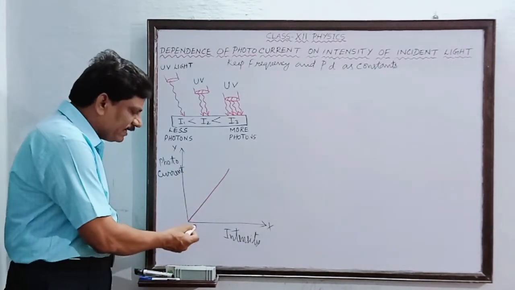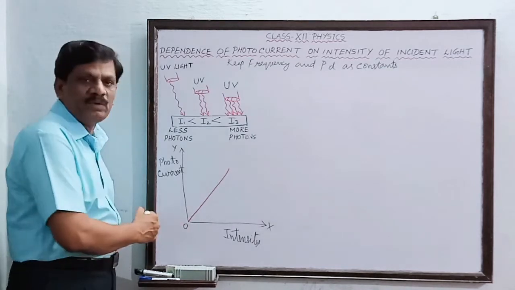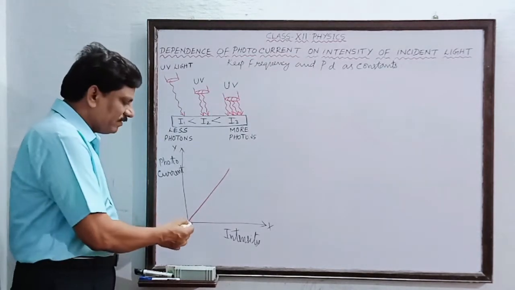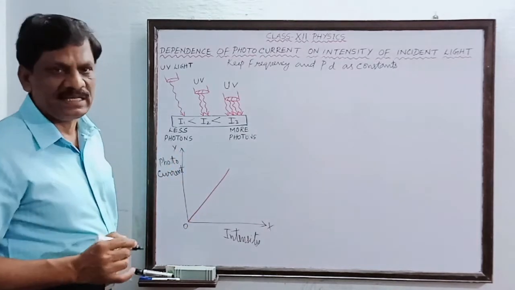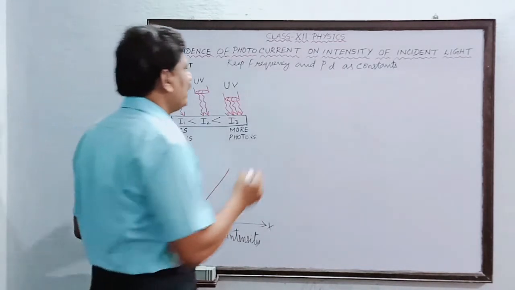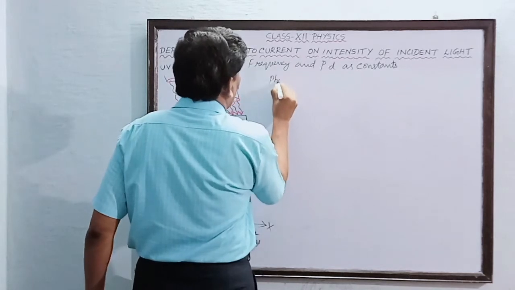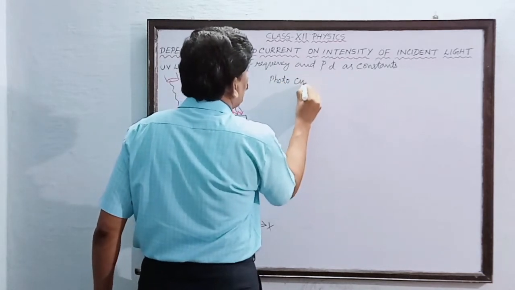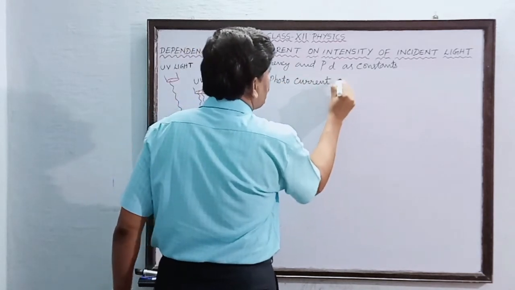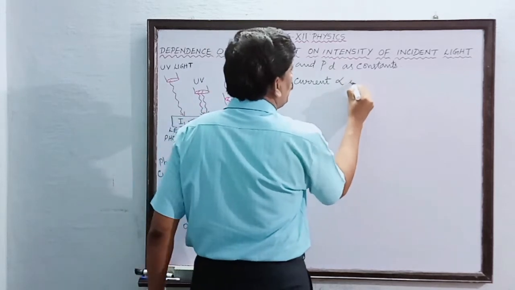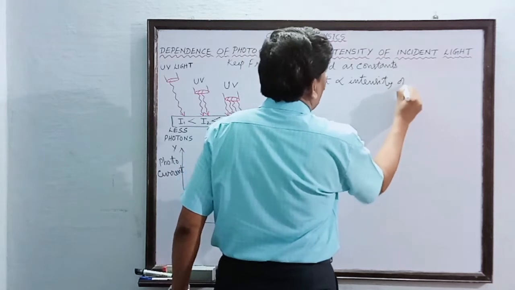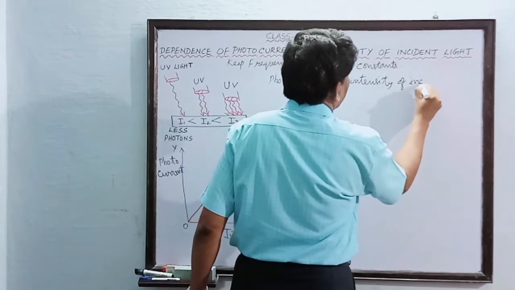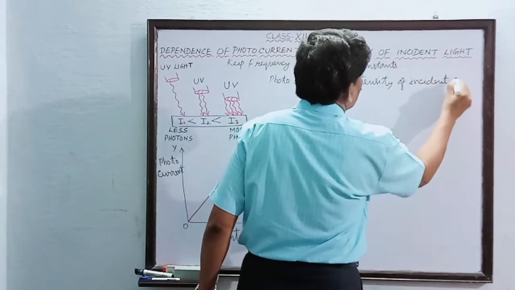As you increase the intensity from 0, the photoelectric current also increases. So I can write here: photocurrent is directly proportional to the intensity of incident radiation, the incident light.